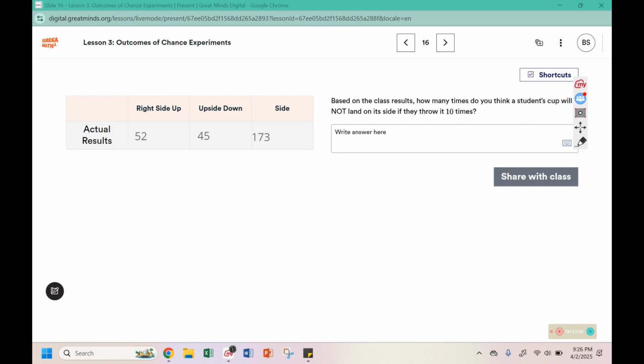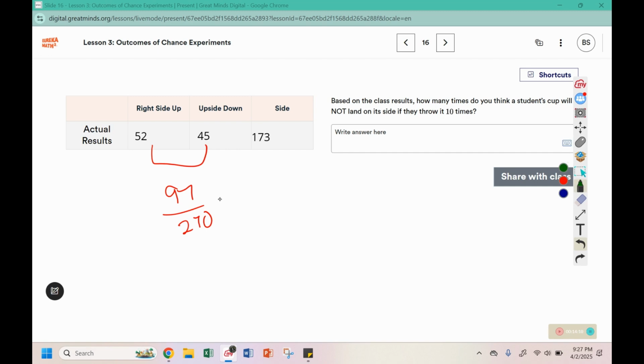Based on the class results, how many times do you think a student's cup will not land on its side if they throw it 10 times? In our class results, if we've combined the amount of times it's not on its side, that makes 97 out of the 270.